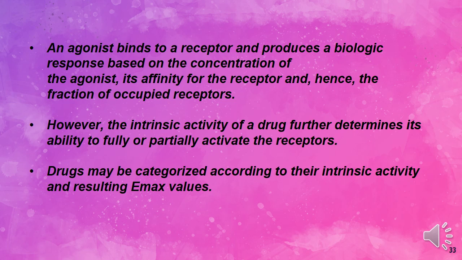That means potency: the agonist in such an amount that it can produce the biological therapeutic effect. That is its potency, its affinity for the receptor and hence the fraction of occupied receptors. However, the intrinsic activity of a drug further determines its ability to fully or partially activate the receptors.